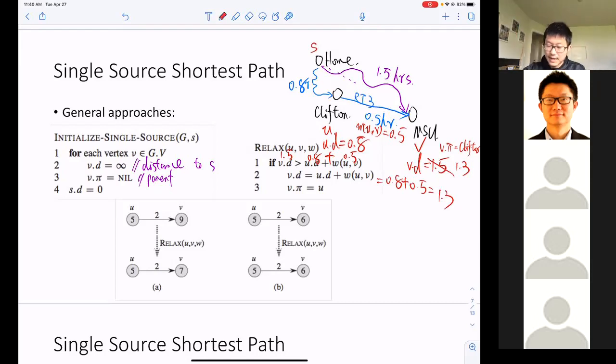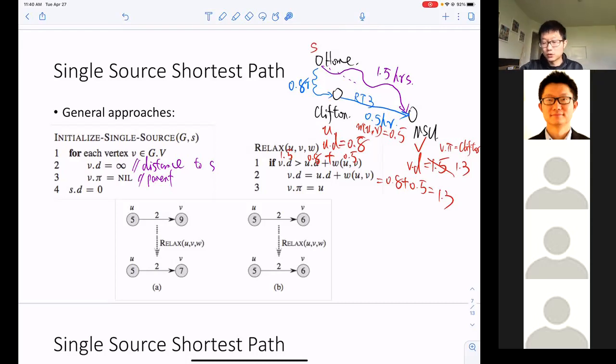So what this relax function does is it takes one edge in the graph and tries to reduce the minimum distance to V by making a detour at U. If by making a detour at U we can save travel time, then we make the detour.